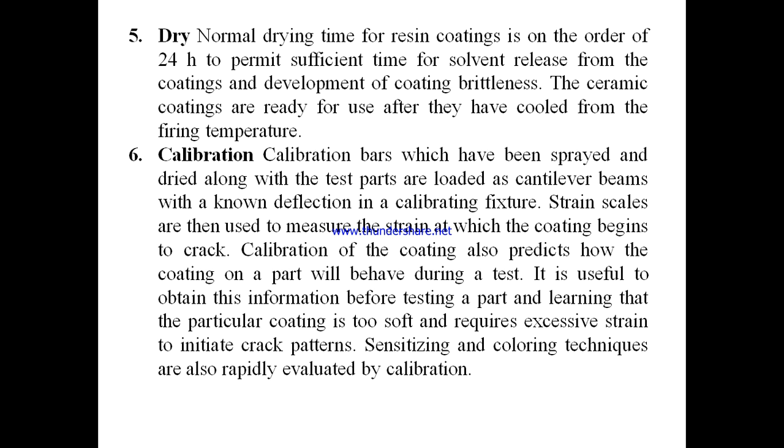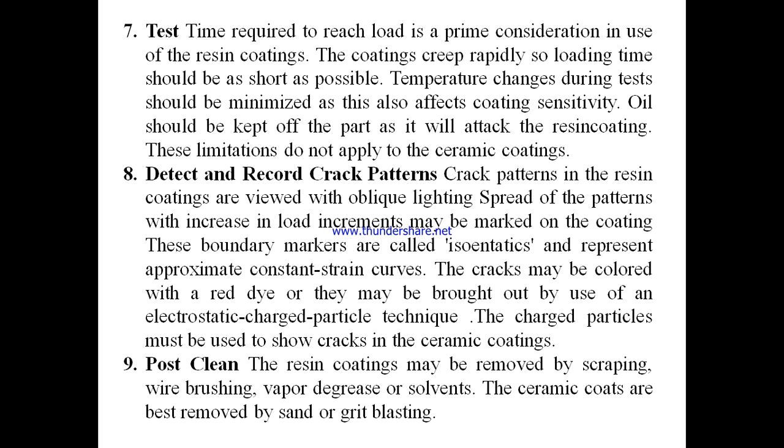It is useful to obtain this information before testing a part and learning that the particular coating is too soft and requires excessive strain to initiate crack patterns. Sensitizing and coloring techniques are also rapidly evaluated by calibration and by using the calibrating fixture.